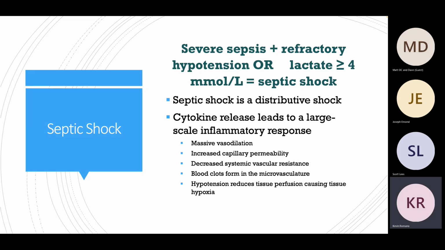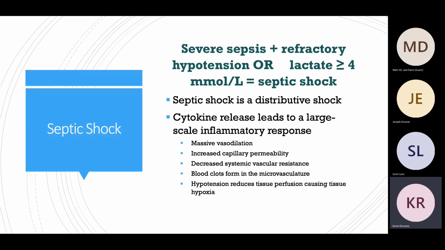So now if you had a patient in septic shock, lactic greater than 4, this is a patient that has severe sepsis, refractory to hypotension, or lactic greater than 4. Septic shock is a distributive type shock, where cytokine release leads to a large-scale inflammatory response. So massive full-scale vasodilation of the body, which then increases capillary permeability.